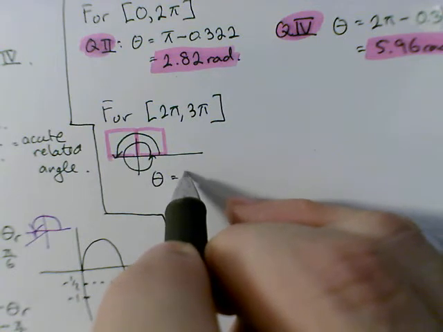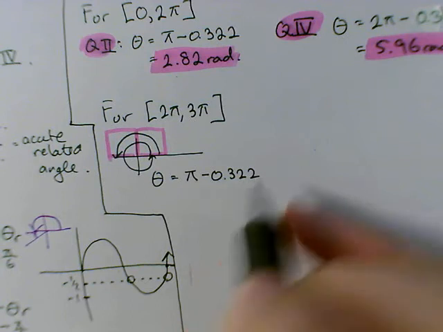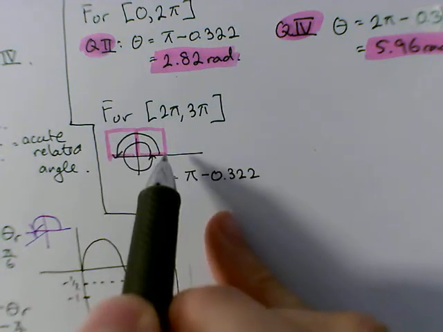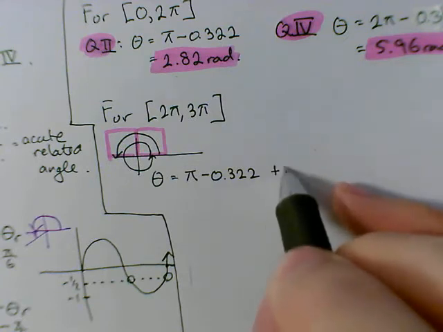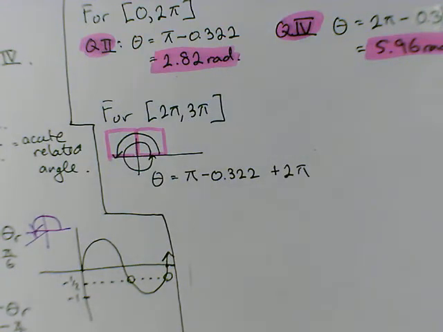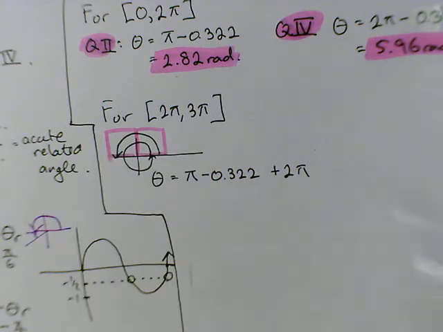You already know that it is pi minus 0.322. But this happens after a full rotation. Right? It's a full 2 pi and then a full pi before I subtract my related angle.